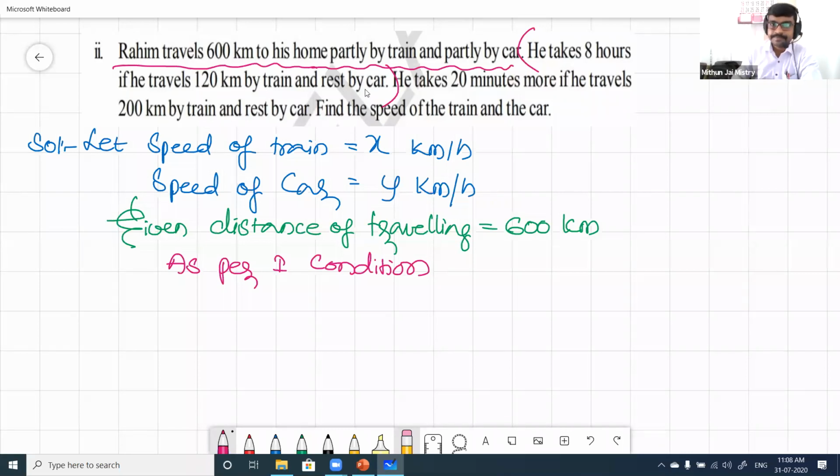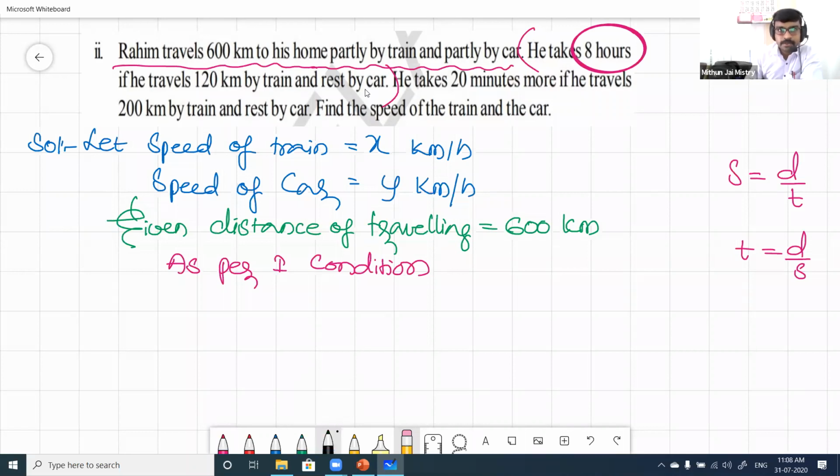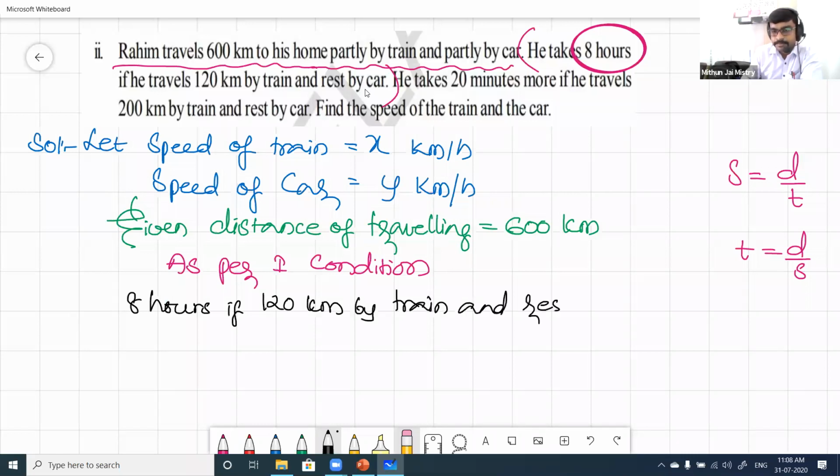Now understand here. Again, the subject is time only, Nana. You know, speed is distance by time, so time will be distance by speed, right? As per the first condition, you can write the condition also: 8 hours if 120 kilometers by train, and rest by car.